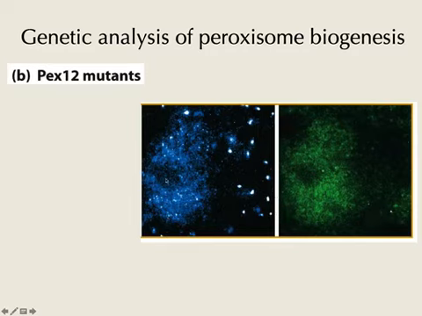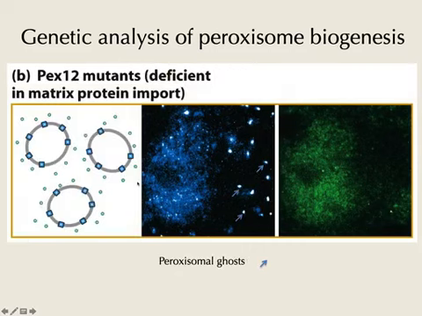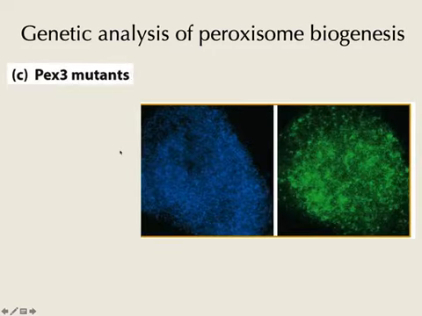So this is one evidence that this PEX12 gene is important for the transport. Those are called peroxisomal ghosts. And the model is that the peroxisomes exist, their membranes are there, PMP70 is there, but it's unable to transport catalase inside. And then in acute cases, like PEX3 mutants, you get nothing.